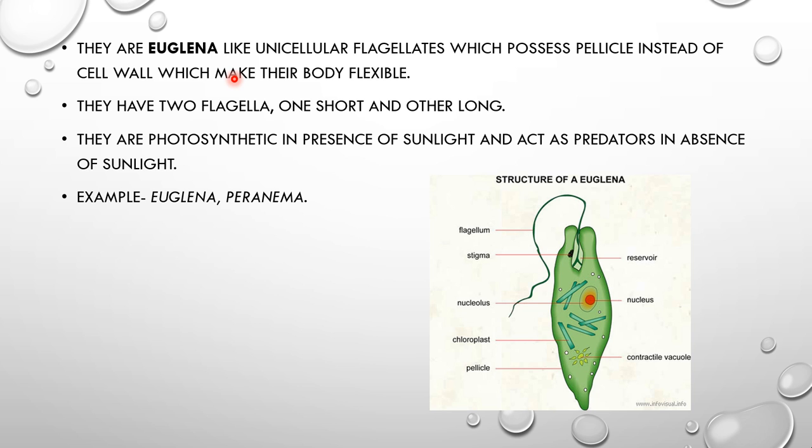Actually, these euglenoids are organisms present in the kingdom Protista. Now, Euglena is the best example of the euglenoids. The majority of the euglenoids are present in fresh water, so they are freshwater organisms. They are found in stagnant water also.